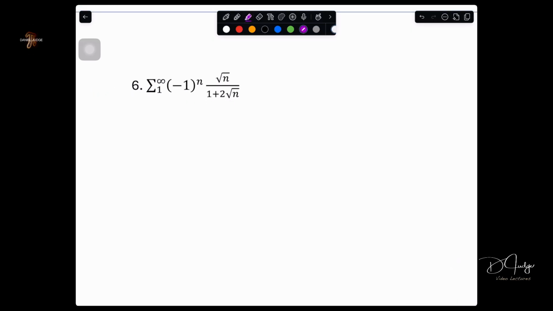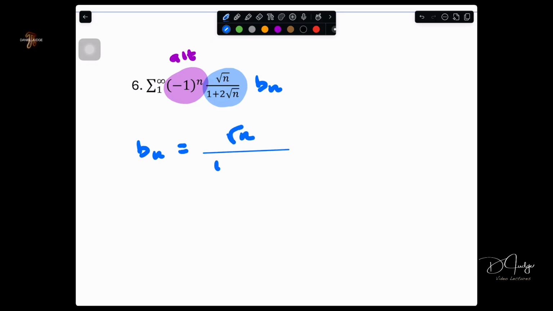Number 6. We got the alternating mechanism. This is b_n. So b_n will be the square root of n over 1 plus 2 square root of n. All right.